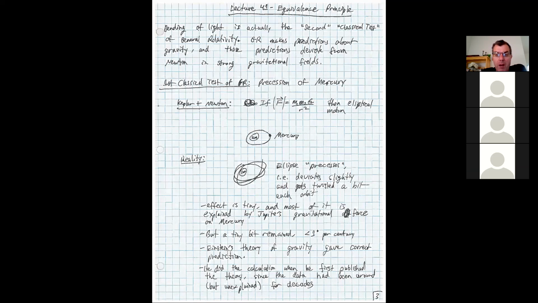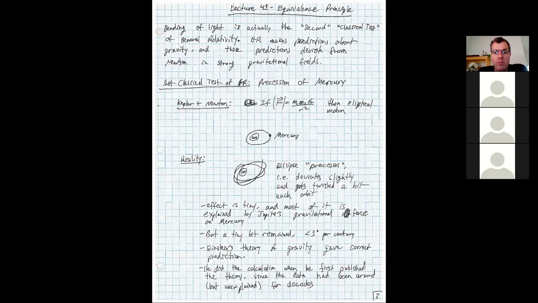Not a lot. The problem is that even though it's minuscule, they had done really good measurements. And they had calculated the effects of Jupiter really, really well, even before they had computers like we have today. And they still couldn't explain this tiny precession. And no one had any clue what was causing it.